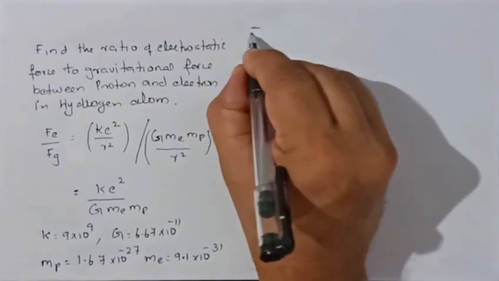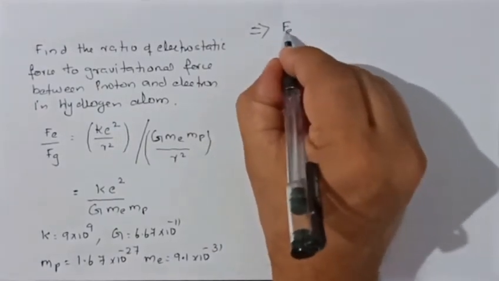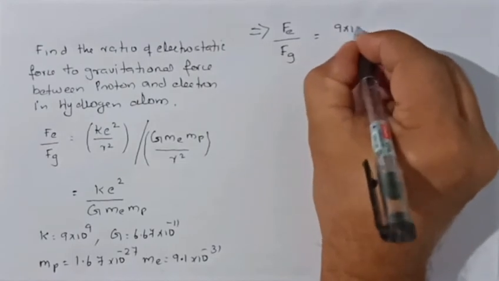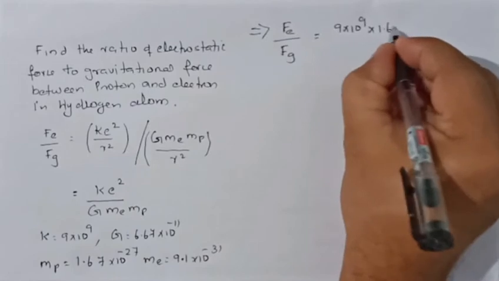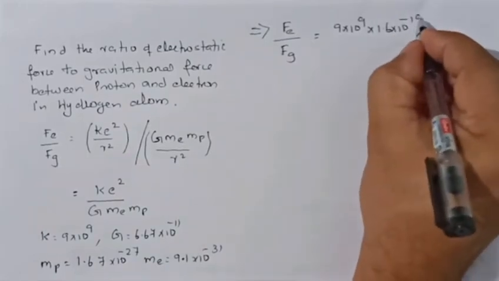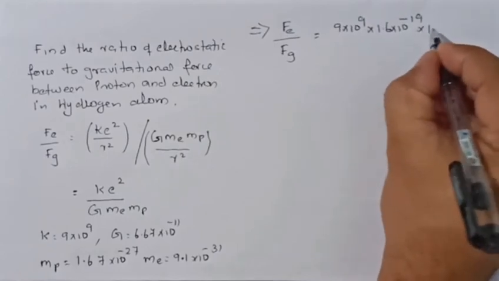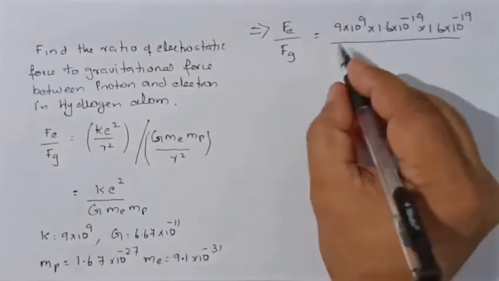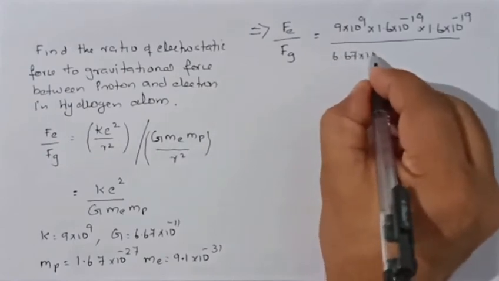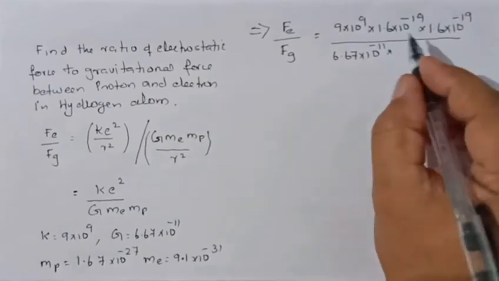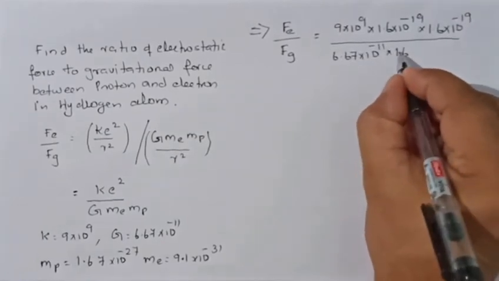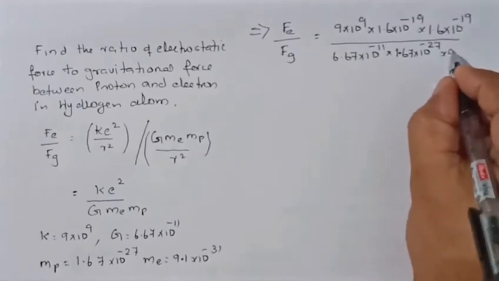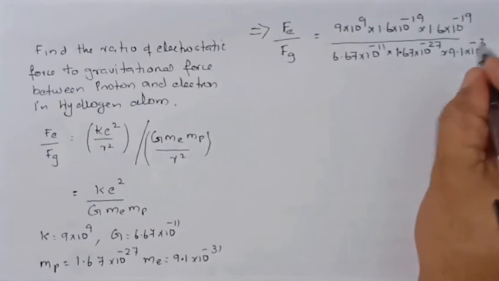Let us put these values into the equation and you will get Fe upon Fg is equal to 9 times 10 to the power 9 times 1.6 times 10 to the power minus 19 times 1.6 times 10 to the power minus 19 upon 6.67 times 10 to the power minus 11 times 1.67 times 10 to the power minus 27 times 9.1 times 10 to the power minus 31.